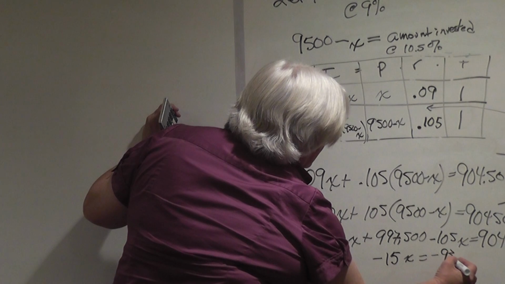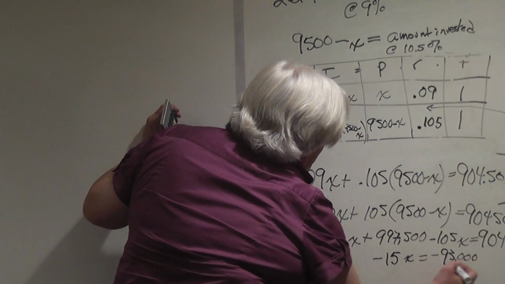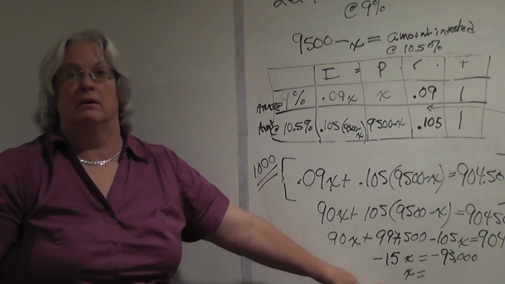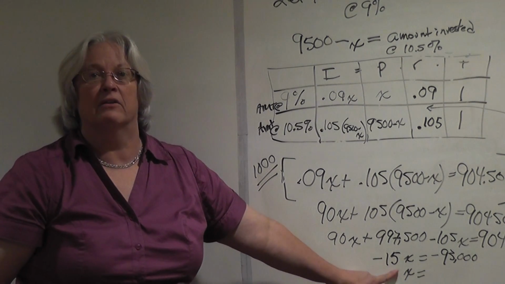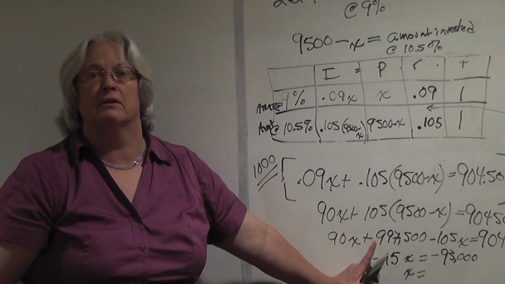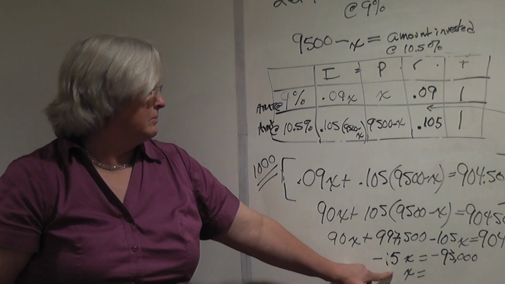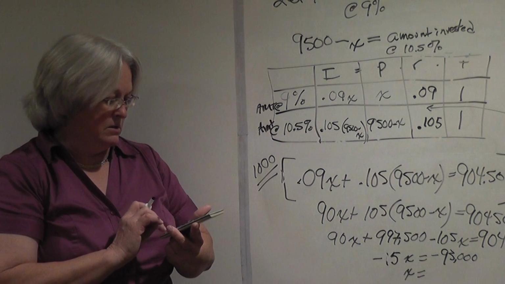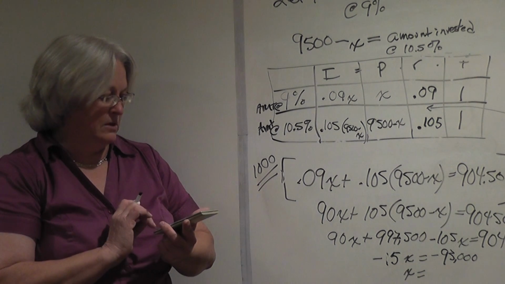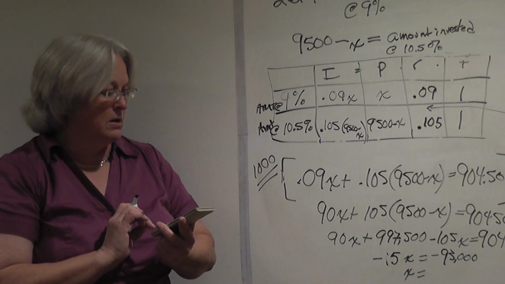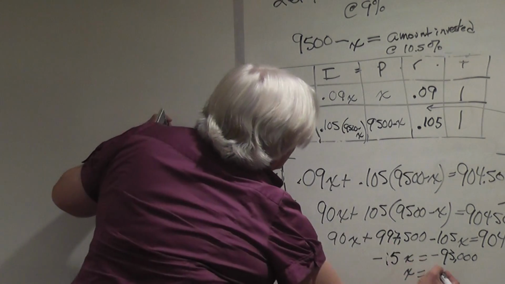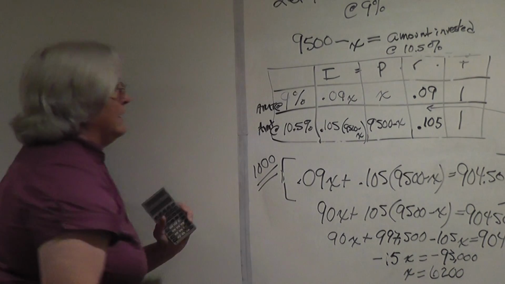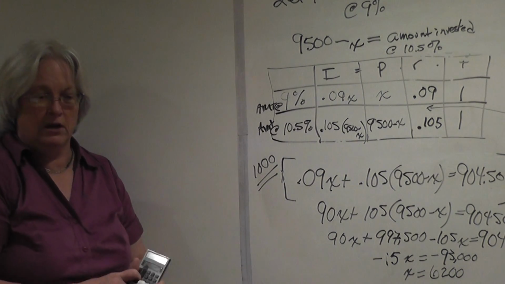Negative 93,000. We're going to divide both sides by a negative 15. Okay, both sides by negative 15 divided by 15 is 6,200. Now, what is my 6,200?